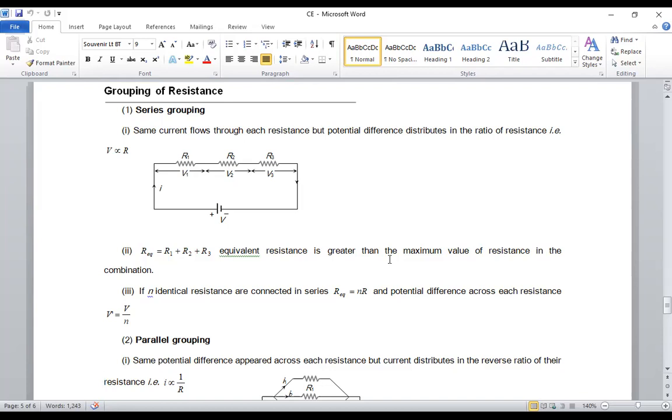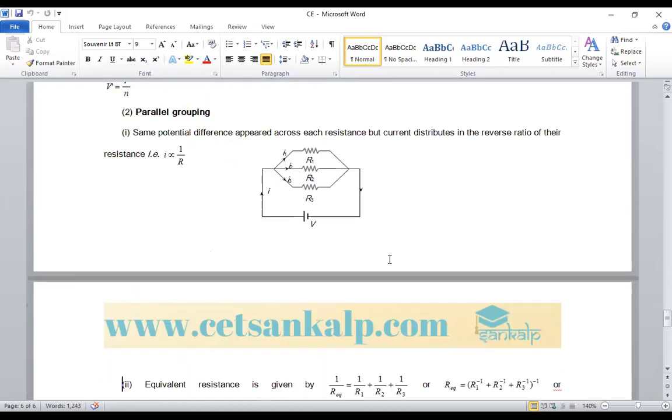Next, grouping of resistors in parallel. In this particular case, all the resistors will be connected in parallel, and then connected to a battery. Here, the voltage, that is the potential difference, is going to remain constant.